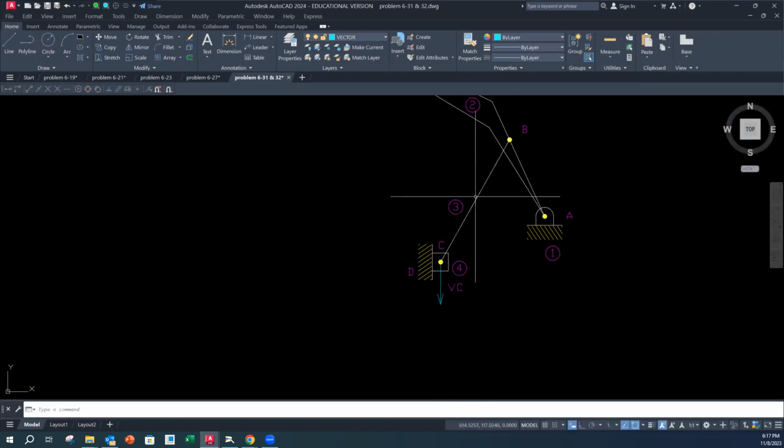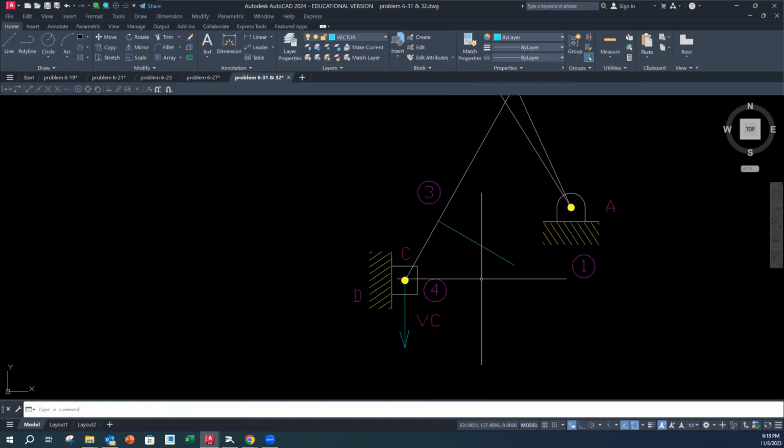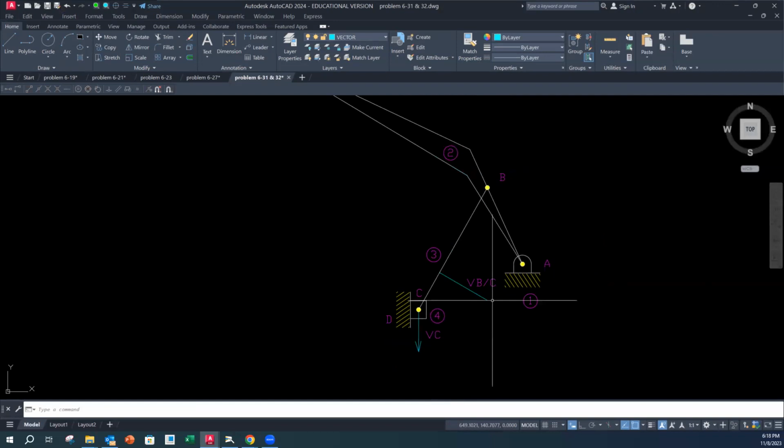The next one I'm going to do is going to be the velocity of V relative to C. So I'm going to do the line and maybe I'll start here and go perpendicular to link number 3, which is going to be the direction for the velocity of V relative to C. So I'm going to copy this and rename it V relative to C. Okay, no arrowhead there because I don't know left, right, up, down, that kind of thing.